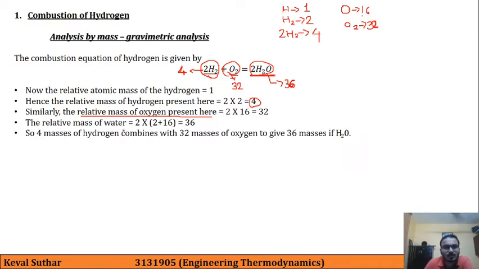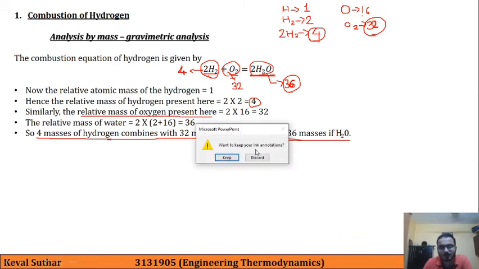So now here the meaning is that 4 masses of hydrogen combine with 32 masses of oxygen to give 36 masses of water, that is H2O.